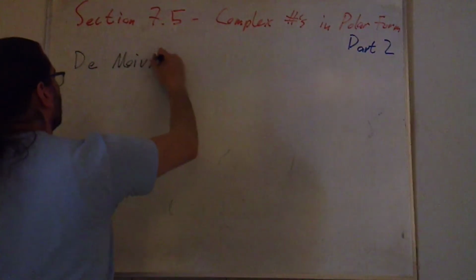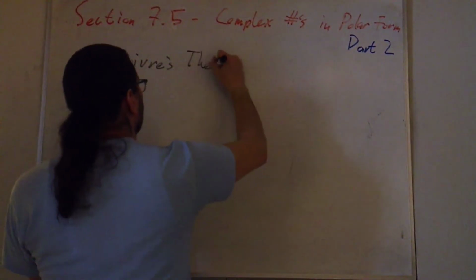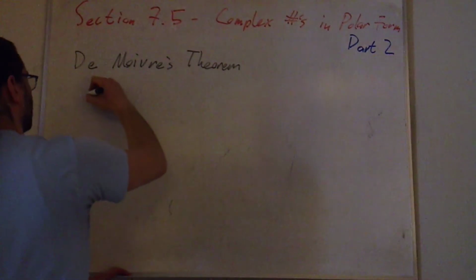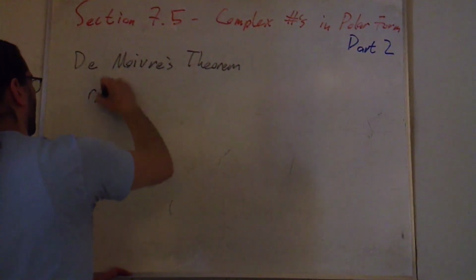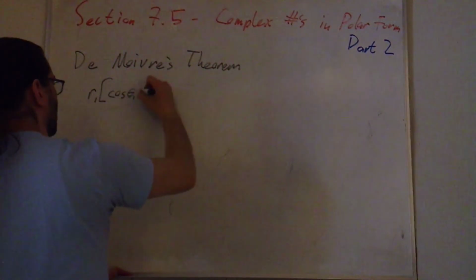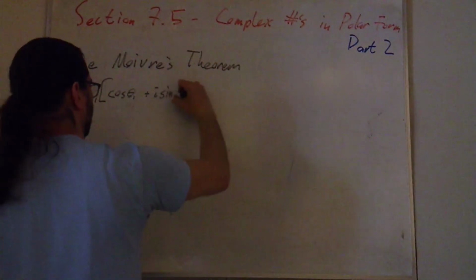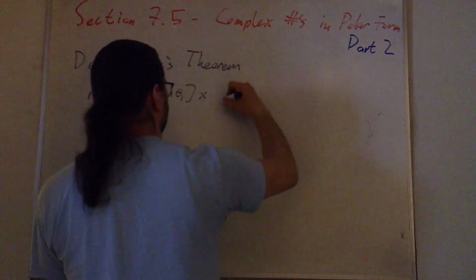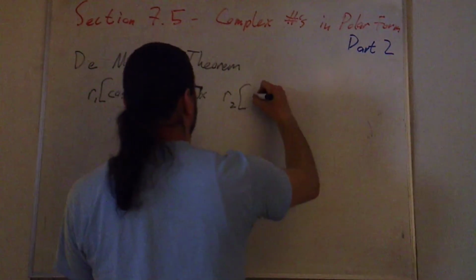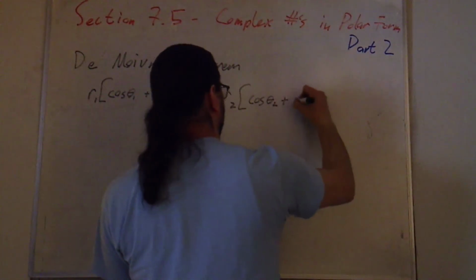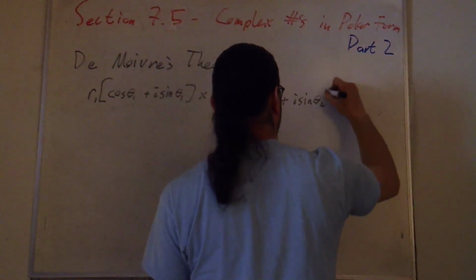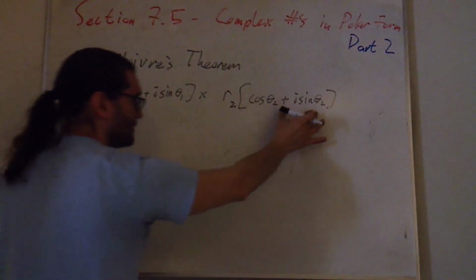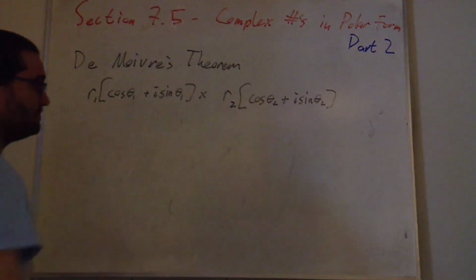The de Moivre's theorem, the fancy version of it, looks like r1 (cosine theta 1 plus i sine theta 1) times r2 (cosine theta 2 plus i sine theta 2). So this is just two generic complex numbers in polar form.